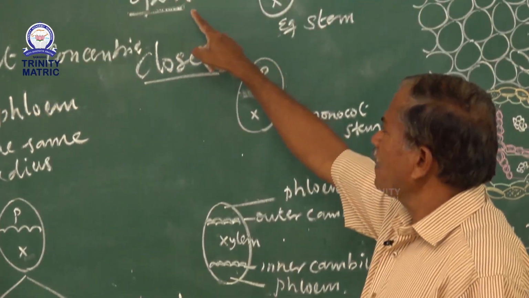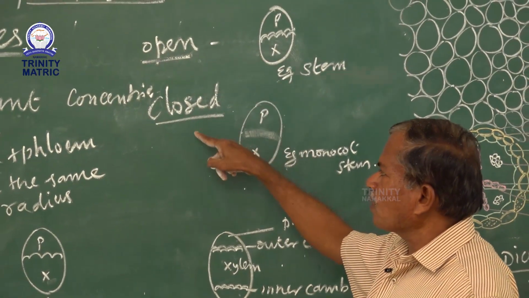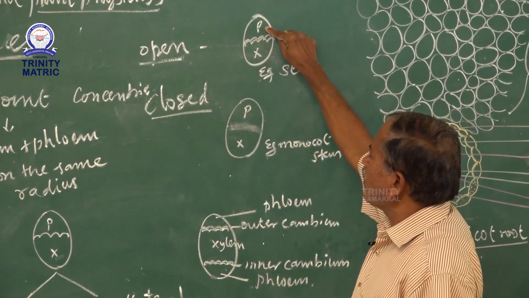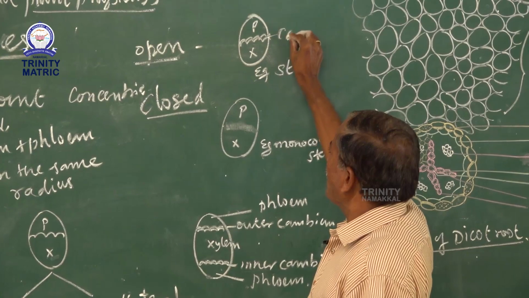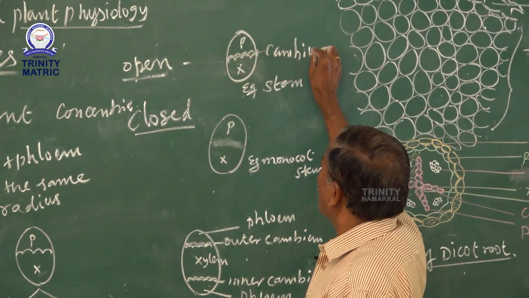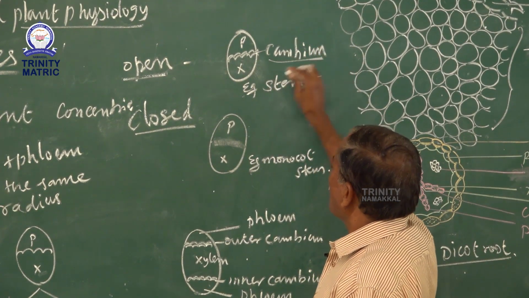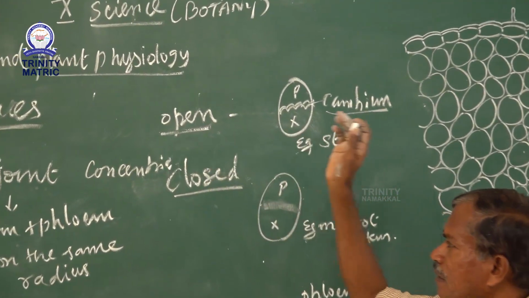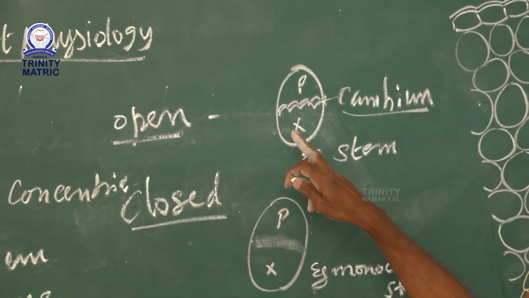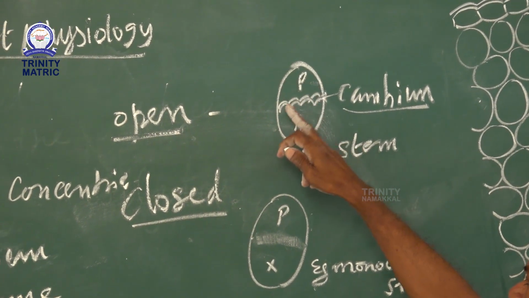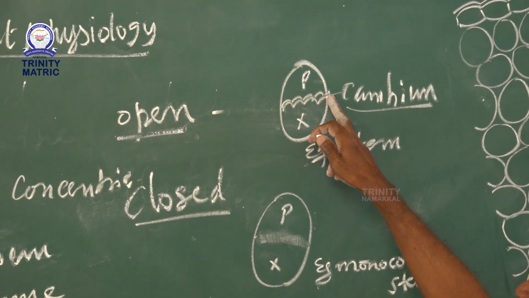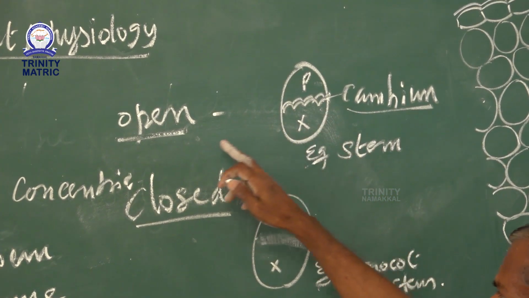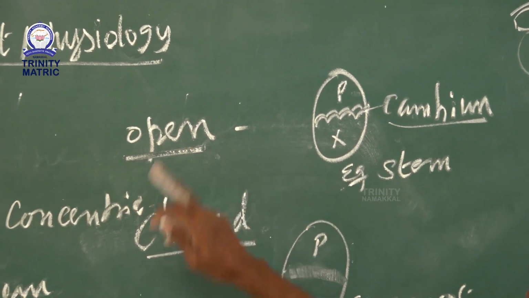And then what is meant by open vascular bundle and closed vascular bundle? When there is a cambium in between the xylem and phloem, this type of vascular bundle is called an open vascular bundle.